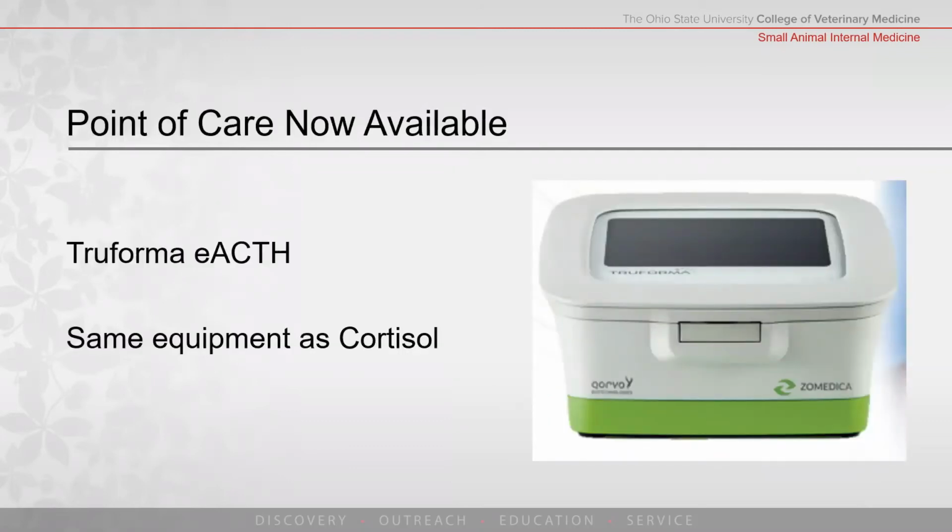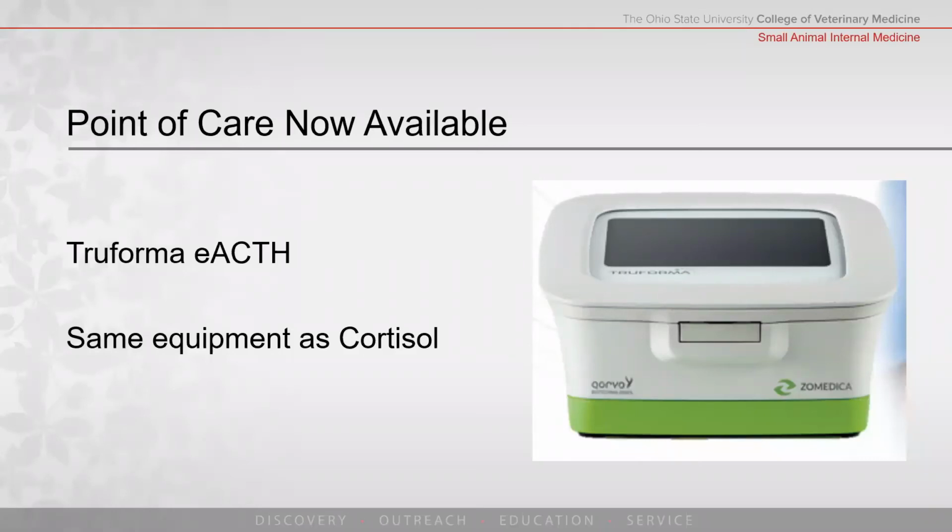Go ahead. And this is why it's really important that we now have the opportunity with the TRUFORMA. This particular point-of-care machine measures T4, feline and canine TSH, and it also measures cortisol. So it'll do your ACTH stims and your low-dose DEXs for you.